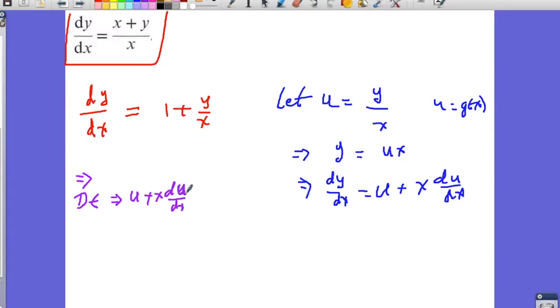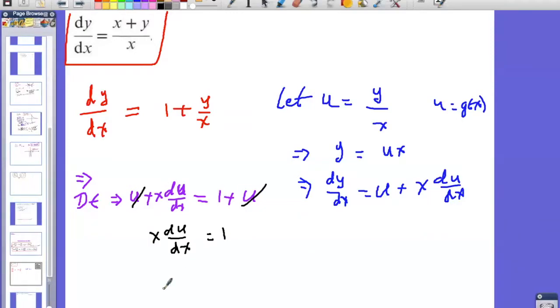Let me write this as u, not y. So this should be equal to 1 plus u. And now you can see that the u cancels out. And we'll get x du dx is equal to 1. We can easily solve this now using a known method.